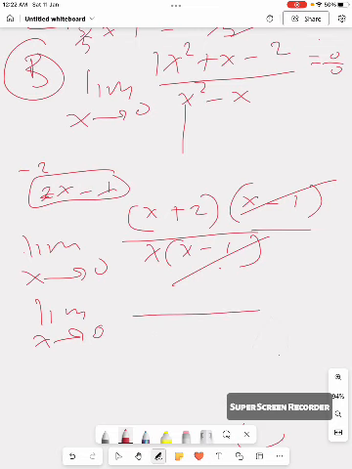This is x and this is x plus 2, okay, 0 plus 2, that's 2.